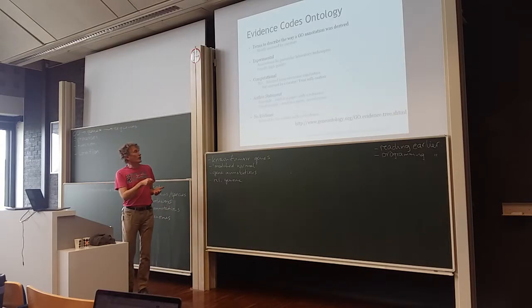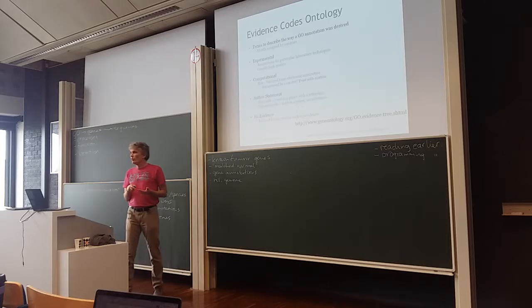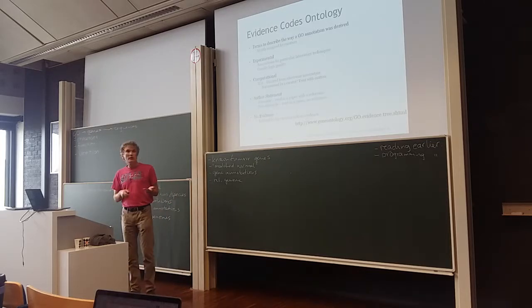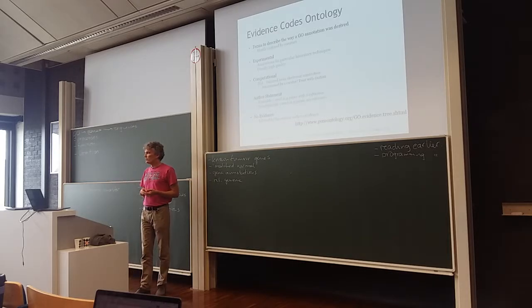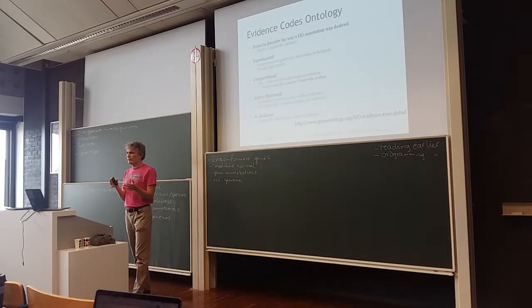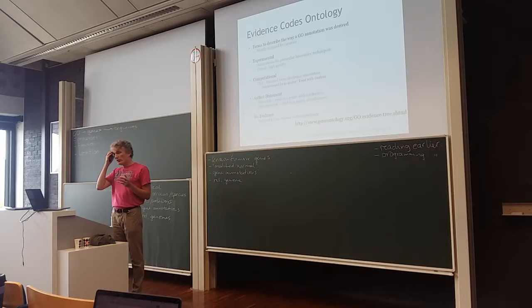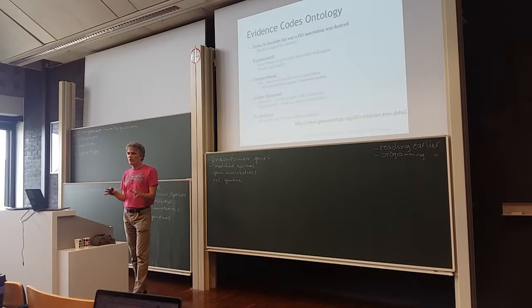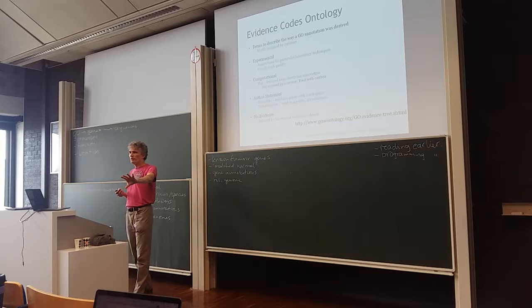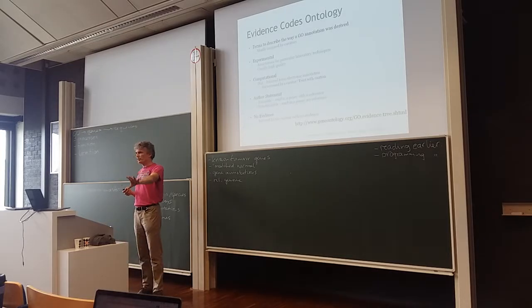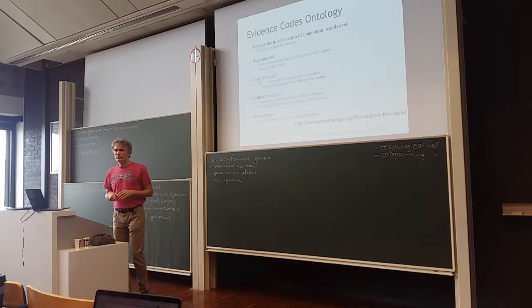And then the other one, which is interesting, because that's where we come in as mathematicians usually, is IEA, inferred from electronic annotation. Yeah? That's derived inferences. The most common one is by homology, which usually means you have a gene, you BLAST it, you find 10 genes that have a GO annotation, and they're similar, you just paste that onto your new gene.